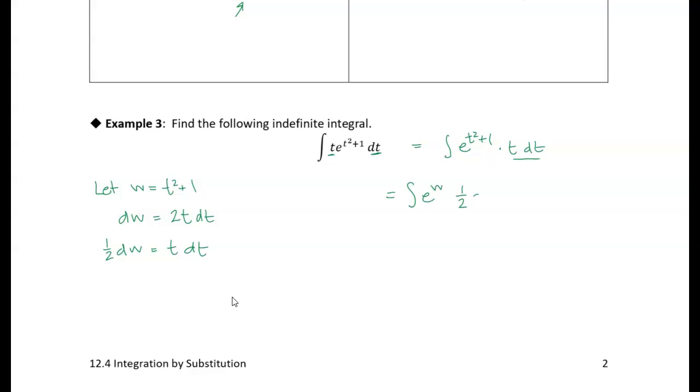We can pull the 1/2 out front. We get 1/2, and the antiderivative of e to the w is e to the w, plus c. And then we just need to substitute w back: 1/2 e to the t squared plus 1, plus c. No big deal.